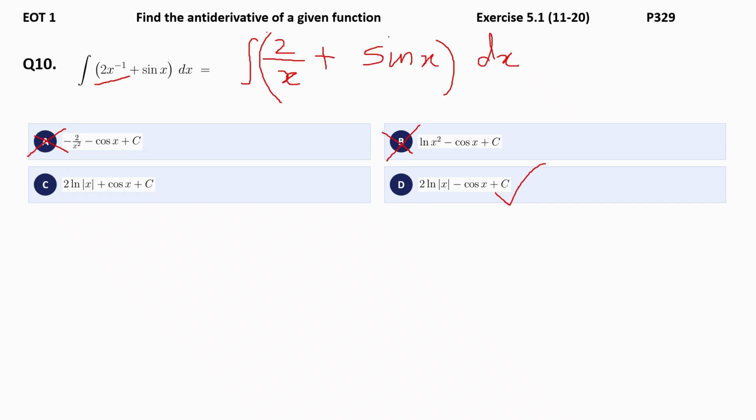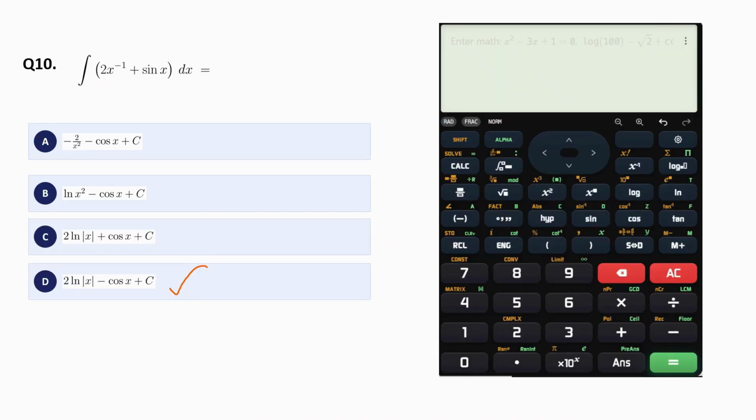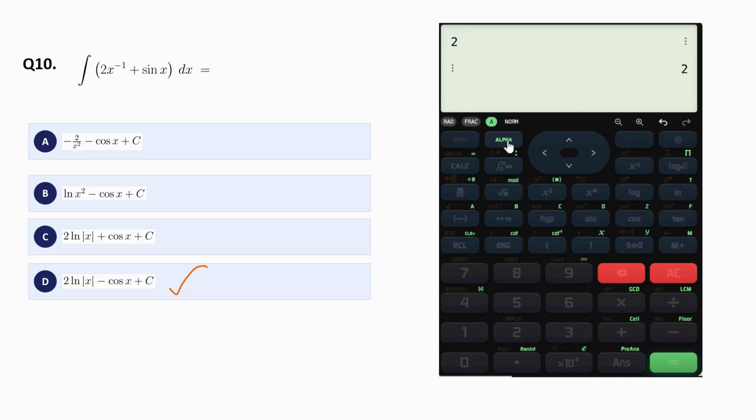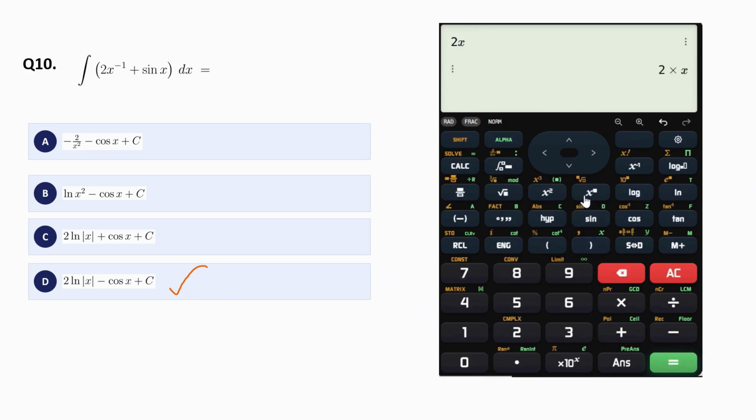Now we will check how we can use the calculator. First, let's make sure that our calculator is in radian mode. Yes, it is in radian mode. Now let's enter the question, which is 2x power negative 1 plus sin x, calc.